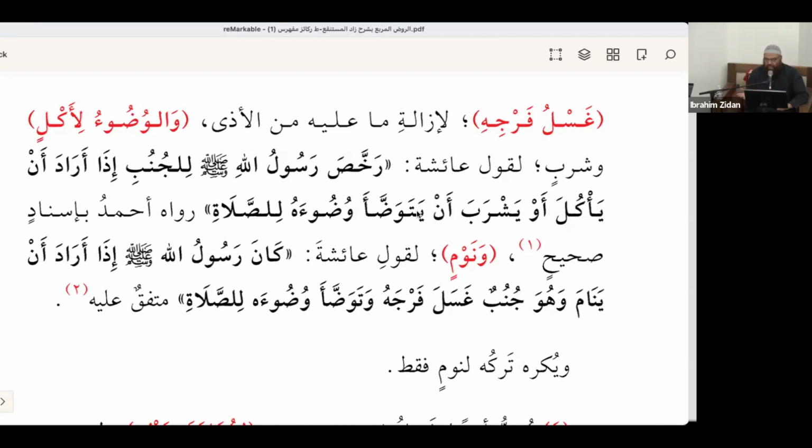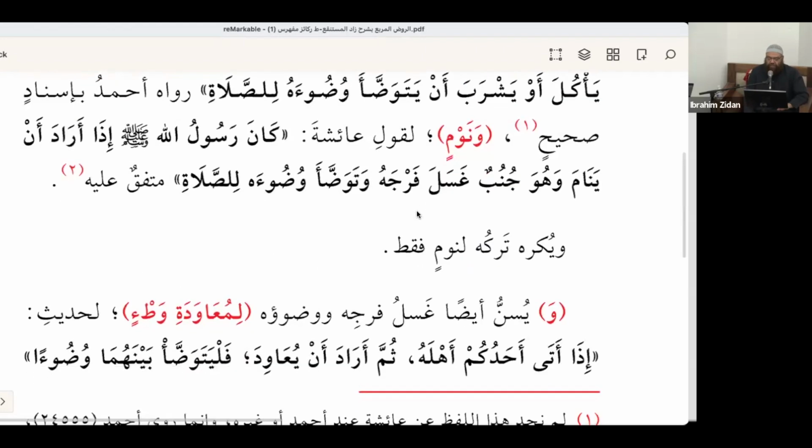That does not change the state of janabah, but as mentioned before with the masjid, it is takhfif, it makes it lighter, if the person wants to sleep. And of course, it's best to remove the janabah as soon as the person can. But you can imagine when there's not enough water, or it's cold and has to be heated, things like this.